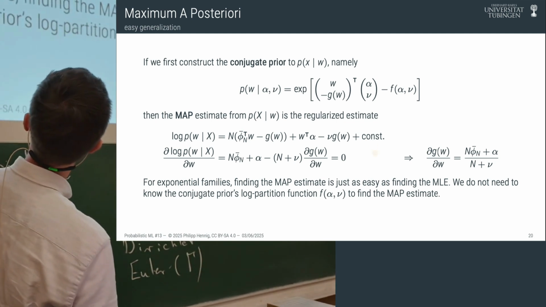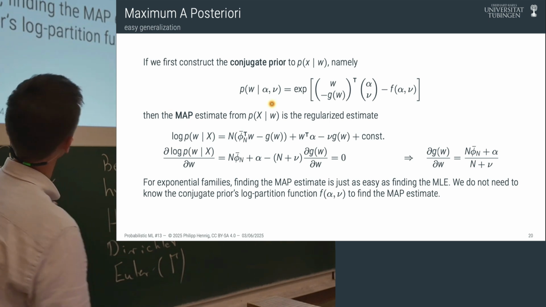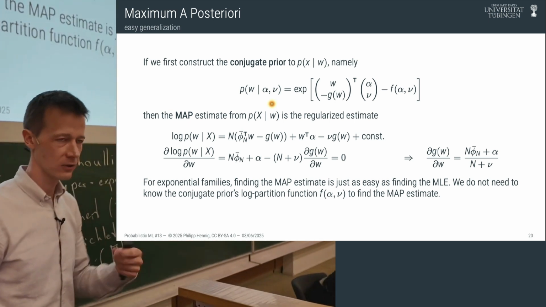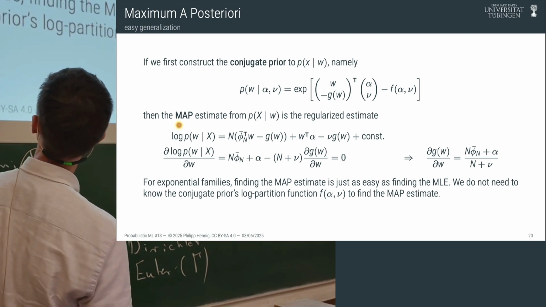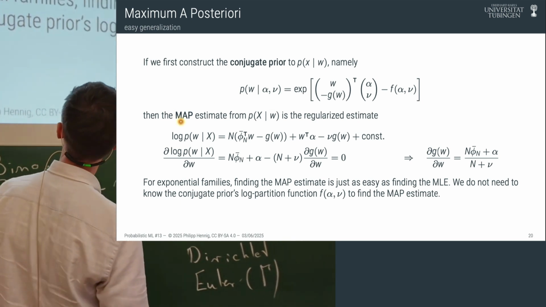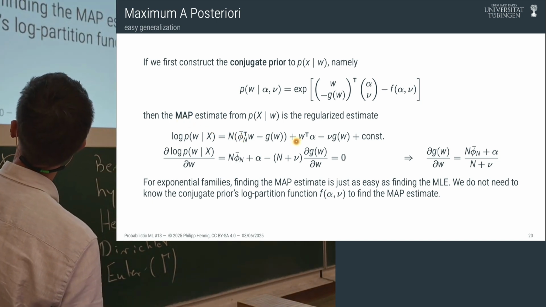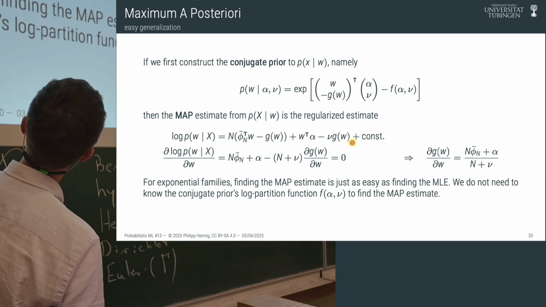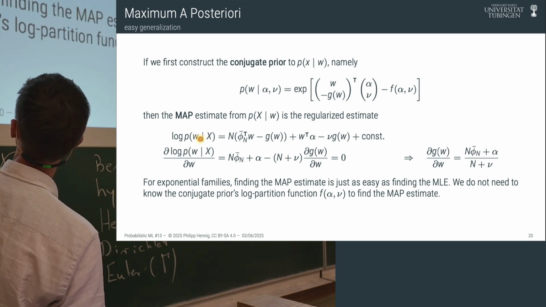So let's pick the conjugate prior for our problem, add its logarithm, and multiply it with our likelihood. Then we can do maximum a posteriori estimation rather than maximum likelihood estimation by adding the log prior to the log likelihood. Oh, that's right, yes, log posterior.